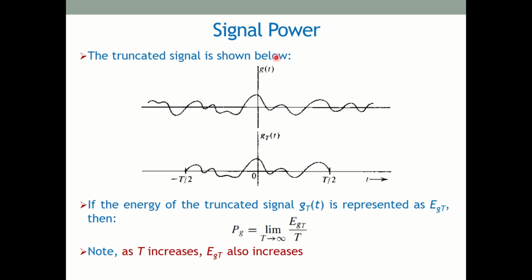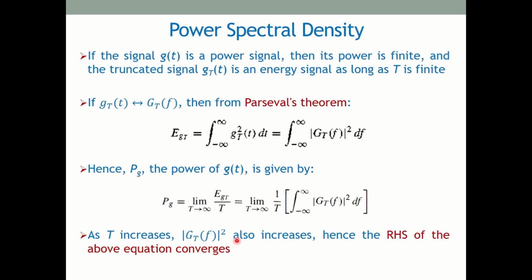So the power P_g is equal to the energy of the truncated signal divided by the total time period T. As T increases, this value remains the same, because the numerator, the energy, also increases. So this ratio remains the same, and the power of the signal remains the same.